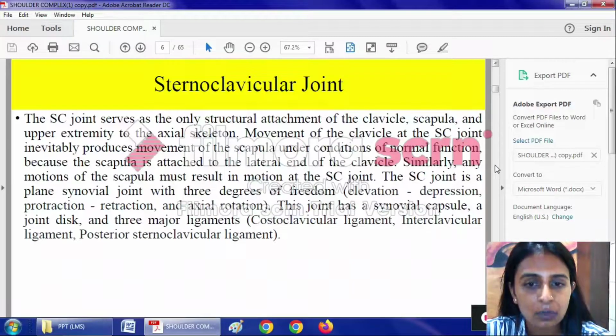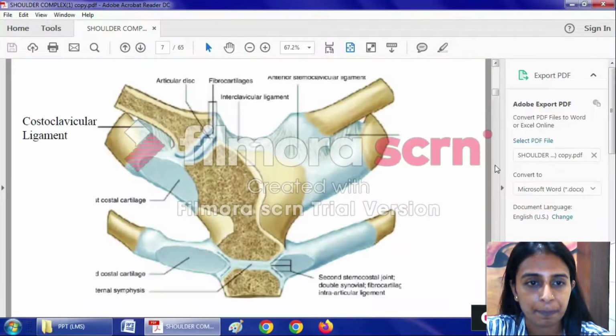The sternoclavicular joint is a plane synovial joint with 3 degrees of freedom: elevation and depression, protraction and retraction, and axial rotation. This joint has a synovial capsule, a joint disc, and 3 major ligaments: the costoclavicular ligament, interclavicular ligament, and posterior sternoclavicular ligament.